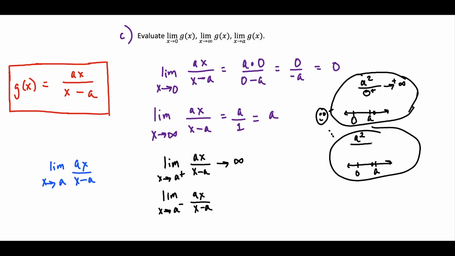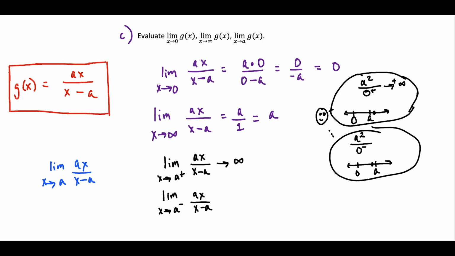So no problems with the numerator, but the denominator is where things get tricky. Now you have a number less than a minus a, which is going to work out to a very, very small negative number. And remember, the idea is that we're getting infinitely closer to a. So that space is just getting smaller and smaller. So this is going to become a tiny, tiny, tiny negative number.